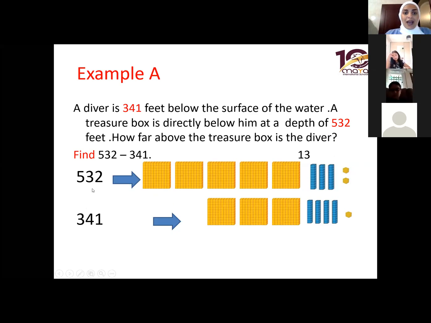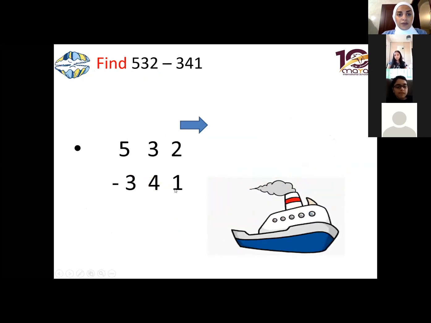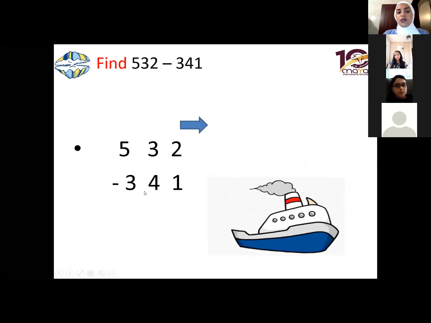So we have the big number at the top and we have the small number at the bottom, as you can see. We're going to take away the small number. Here, 532, 341. As we learned in 2nd grade, we check if the ones at the top are bigger than the ones at the bottom.